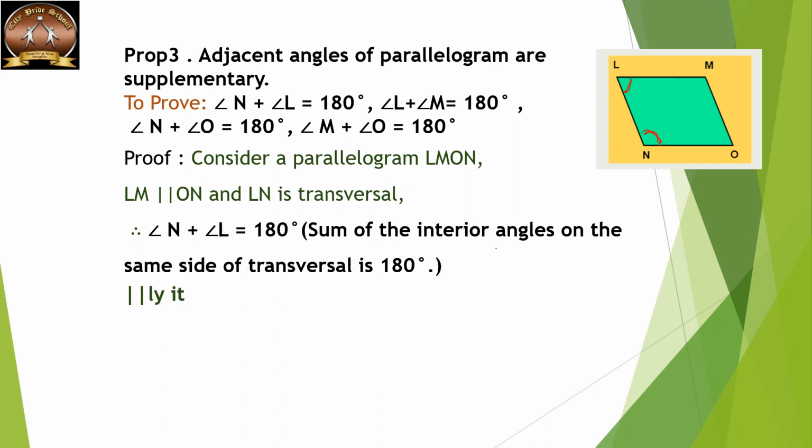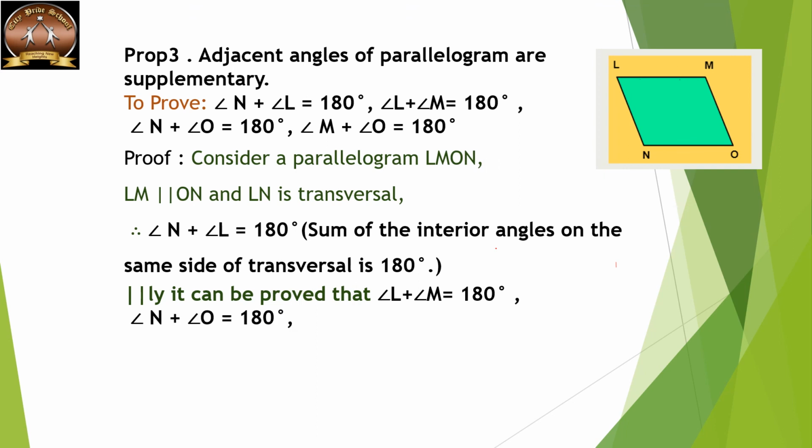So similarly, we can prove it for angle L plus angle M by taking LN and MO as the parallel sides and LM as the transversal. So these two angles are supplementary. And we can also show further angle N plus angle O. So this can be taken as a transversal and these as the parallel lines.